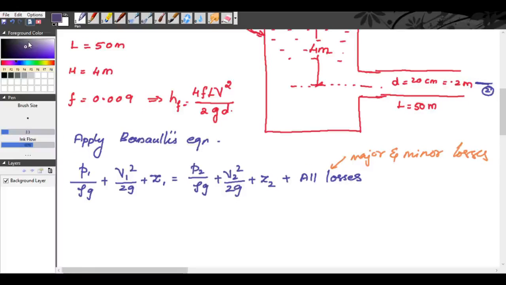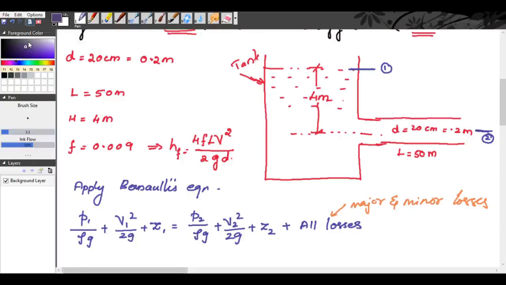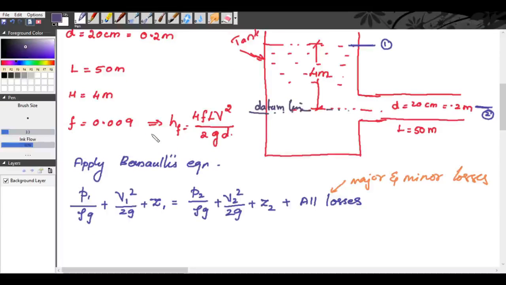Now, we will consider the datum line along the center line of the pipe. The center line of the pipe is considered as the datum line, so that we get this P1 by rho g, pressure at this point, equal to 0.